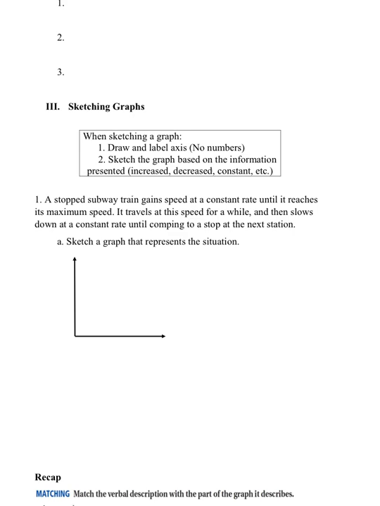Time is always your independent variable, always on your x-axis. As time is going, the subway train gains speed at a constant rate. I should not have this as distance.